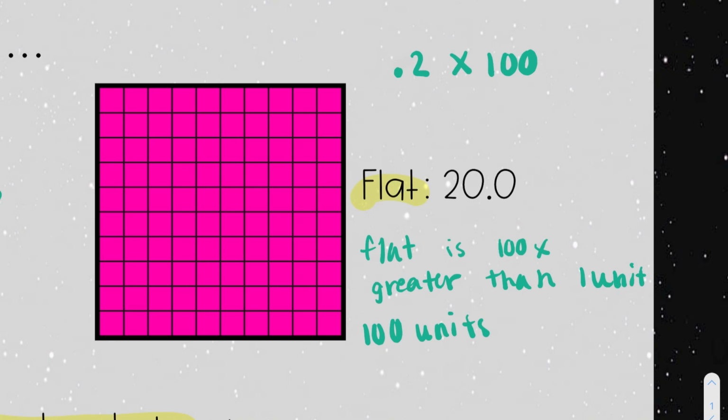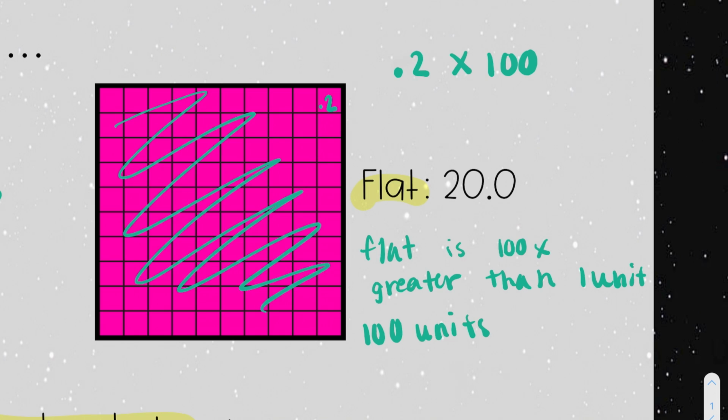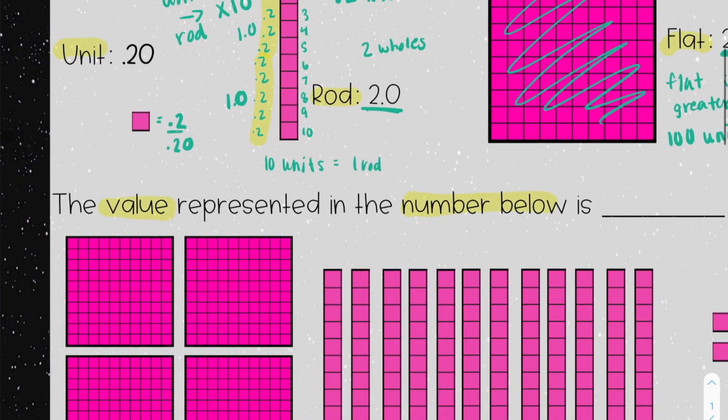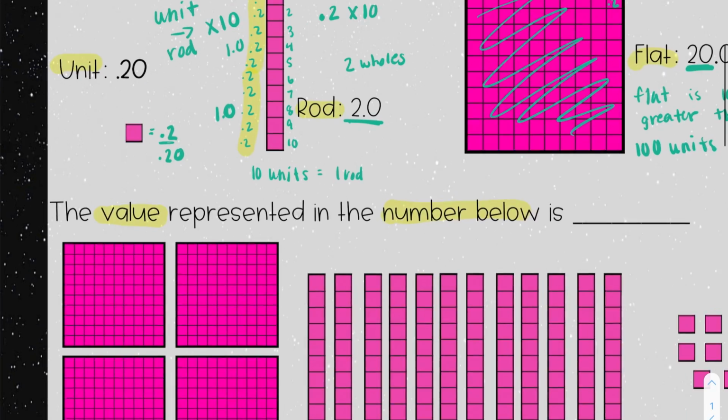With your knowledge of our base 10 blocks we've been working with all year, you know that a flat is only 10 times greater than a rod, and we know our rod value is 2 wholes, so 2 whole numbers. So I could have done 2 times 10, which is 20. So I know the value of my flat is 20 wholes, so like the number 20, the whole number.